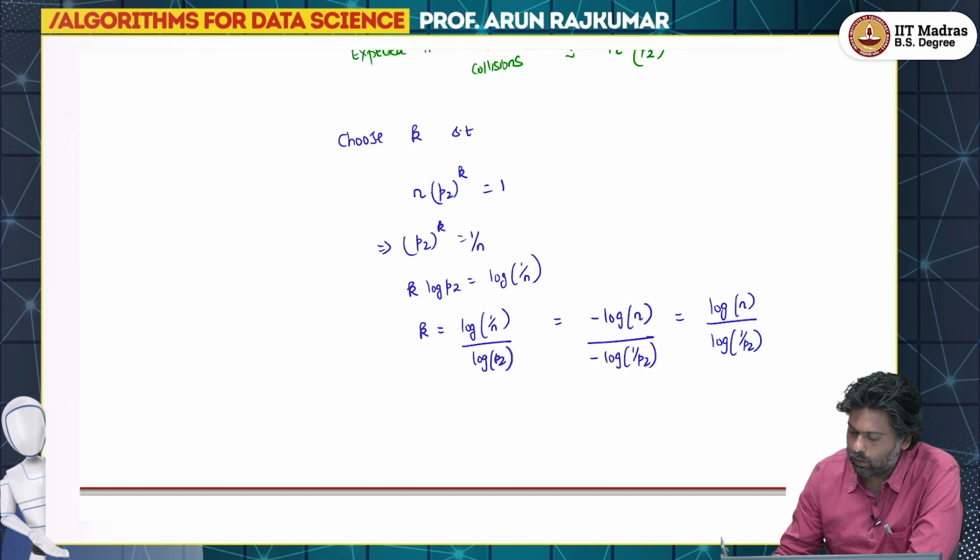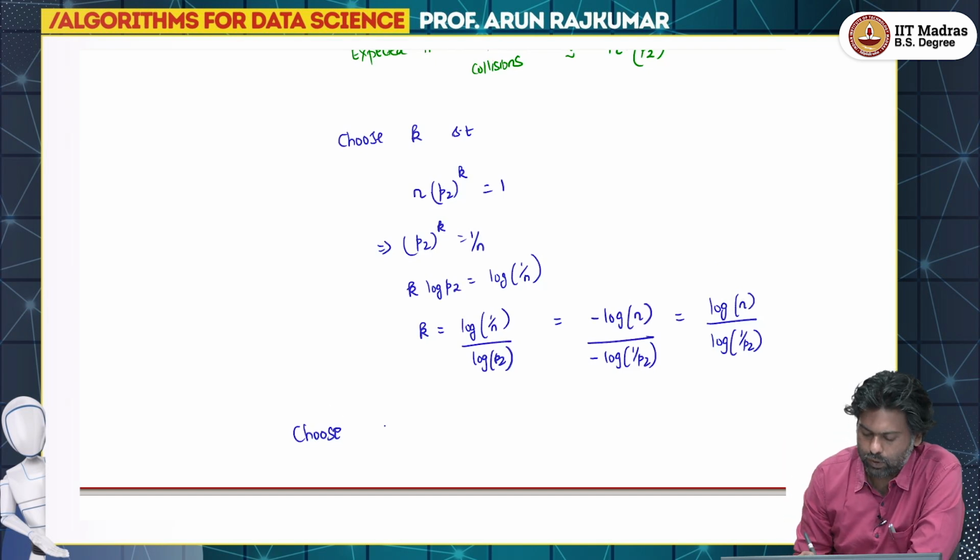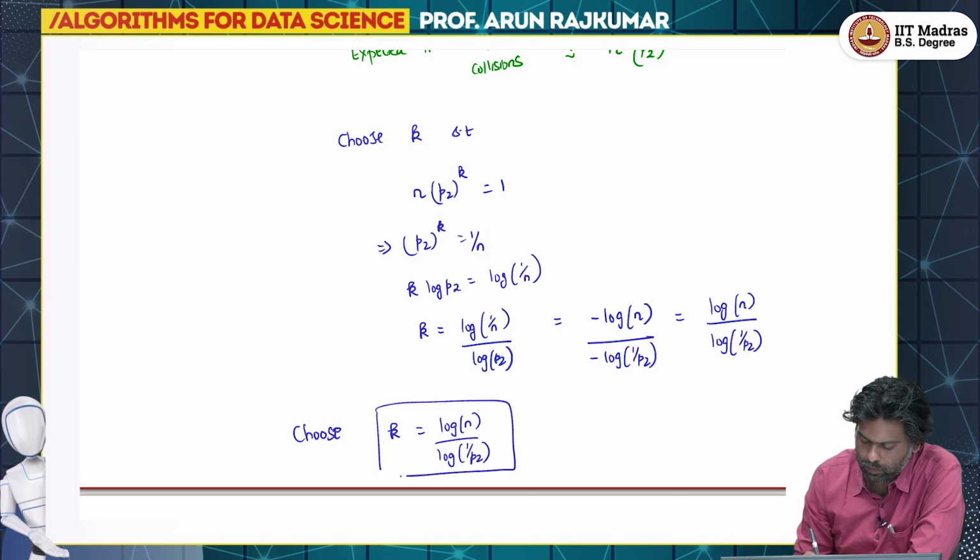So, if I want a constant false positive rate, I will choose k as log n by log 1 by p2.